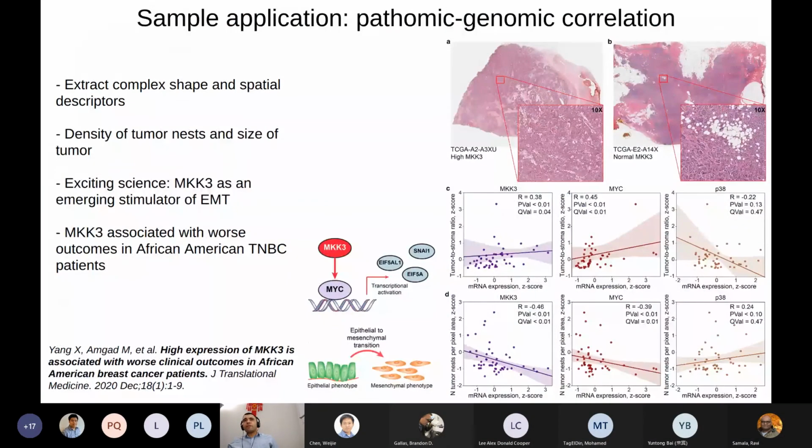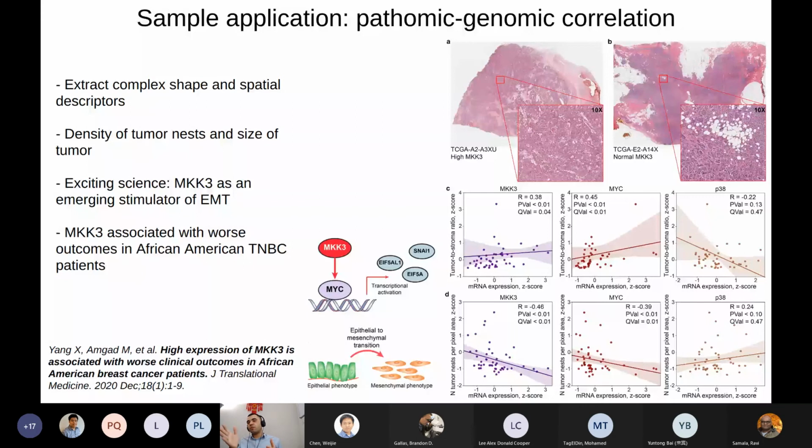So why do we need this kind of thing? I won't spend much time on this, but basically, when you have all of these elements, you can do things like pathomic genomic correlation. You can ask, what are the characteristics of tumors where a particular gene is highly expressed, or where a particular patient subpopulation is known to have worse survival outcomes?